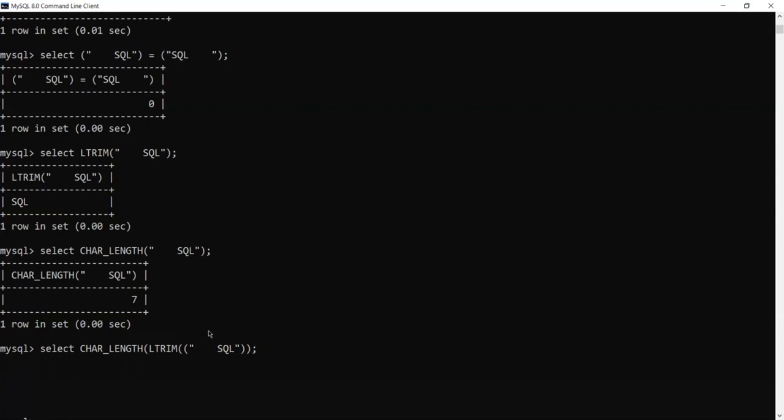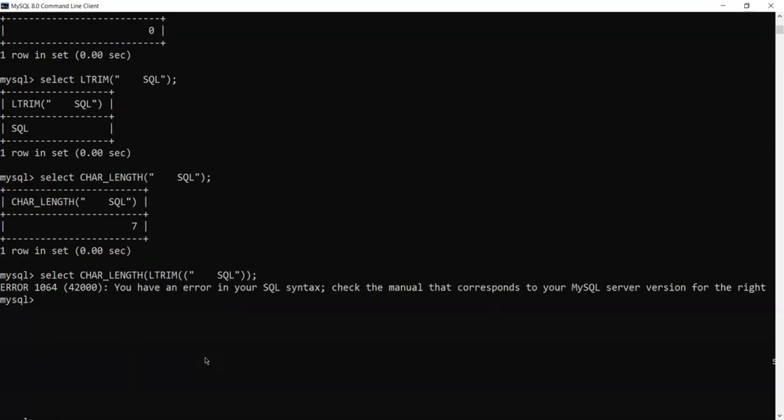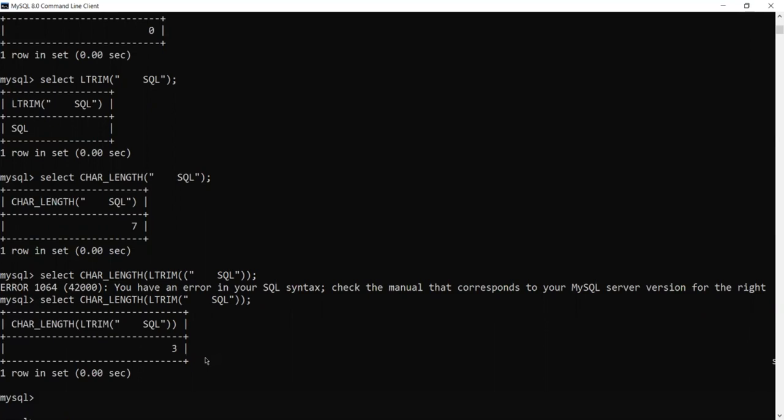Whatever spaces are present on the left hand side of the string will be trimmed. Now if you can see, after doing a left trim, when I take character length, it comes out to be 3. That means the 4 spaces before SQL are now trimmed.